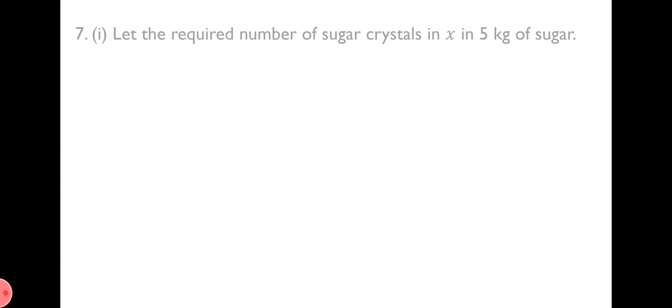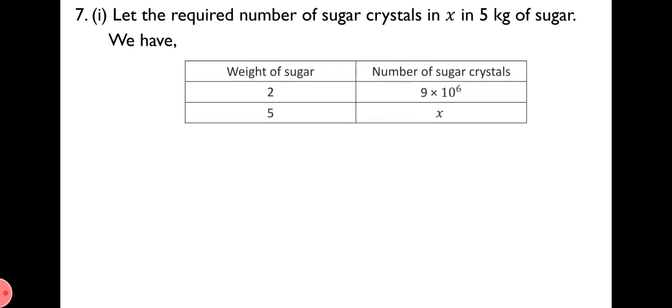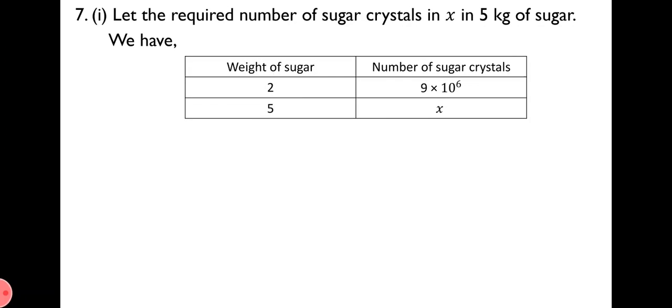So for the solution of number 1, let the required number of sugar crystals be x in 5 kg of sugar. So we prepare a table with the weight of sugar and the number of sugar crystals. In 2 kg of sugar, we have sugar crystals as 9 into 10 raised to 6.